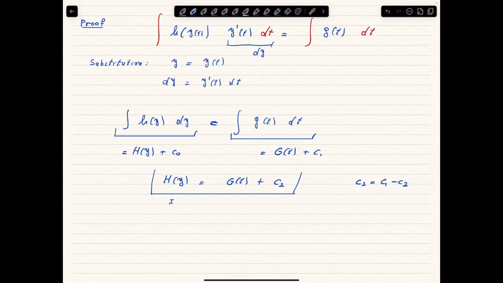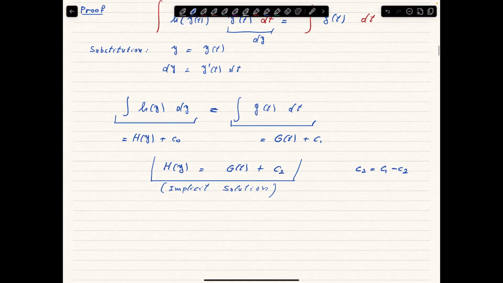And if H happens to be invertible, like it happened in our example, then y of t is nothing more than the inverse of that function applied to G of t plus c2.